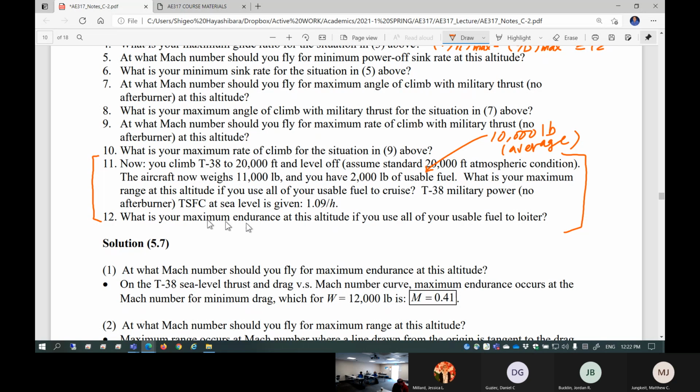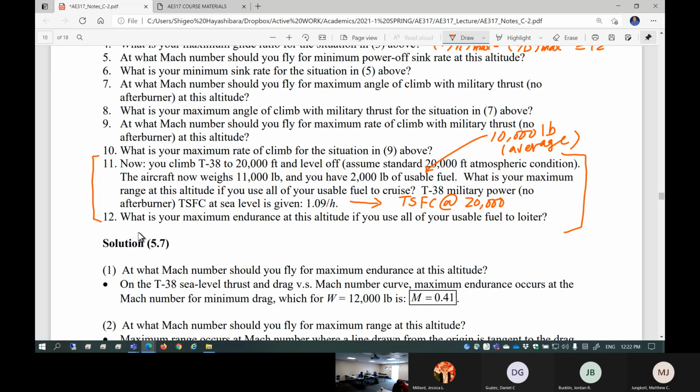And what is your maximum range at this altitude if you use all of your usable fuel to cruise the T-38 at military power? TSFC at sea level is given, so you have to convert it to TSFC at 20,000 feet. Of course, you have to do that.